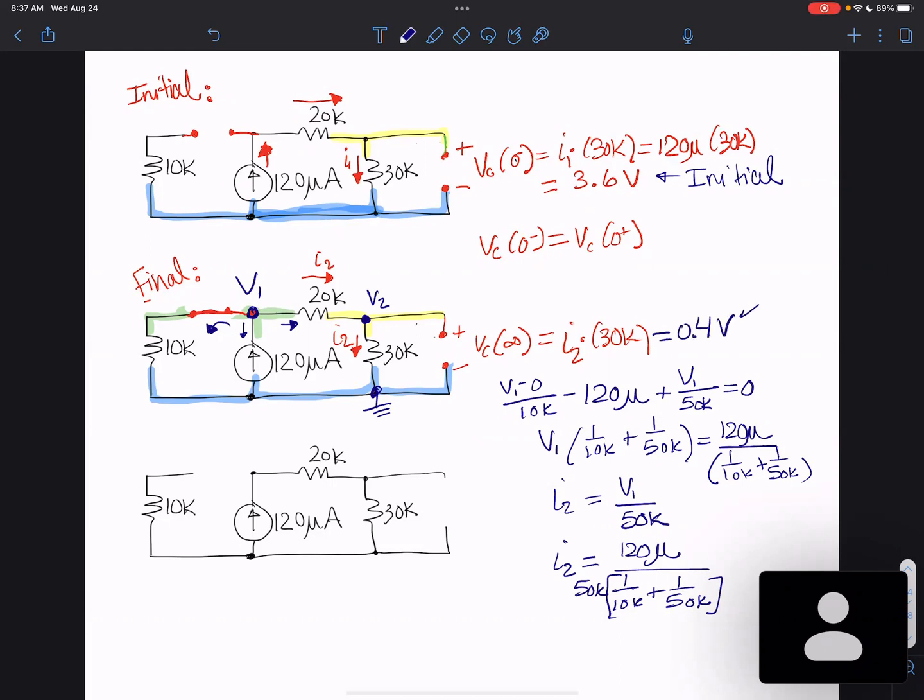So this will be my final value. So I now have the initial value, the final value, and all I'm missing is tau.